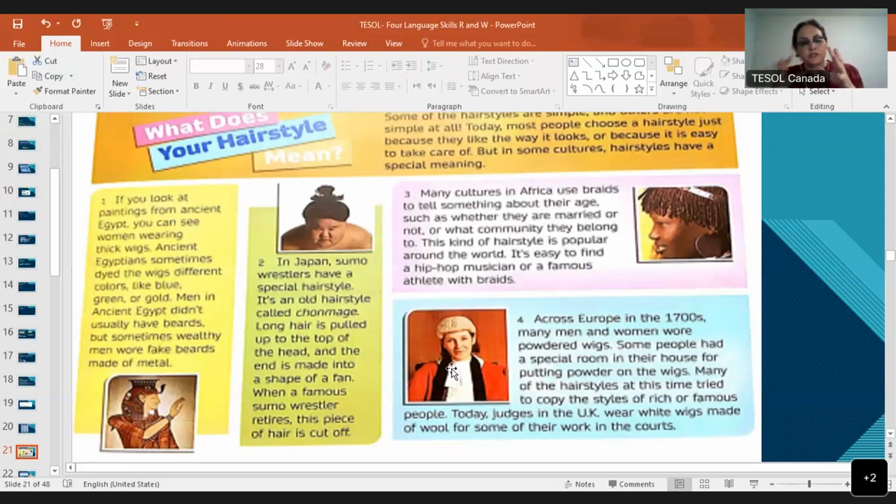So in the jigsaw method, you see there are 4 paragraphs, so put the students in groups of 4, and give them a chance for skimming. They're all together skimming, and they understand this text is about hairstyle in different times and different places.